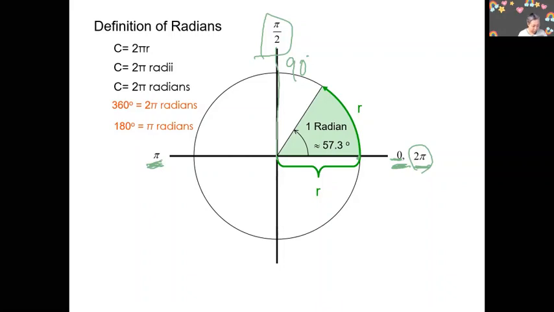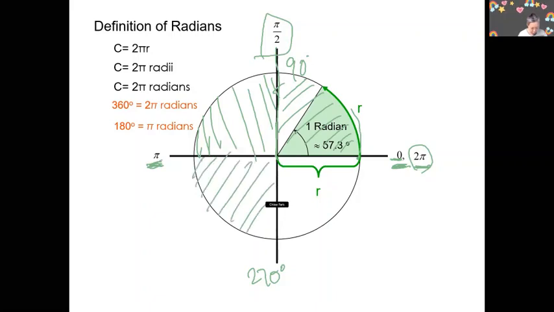Then what could be the equivalent to 270? Now I have pi over 2, and one more piece of pi over 2, and one more piece of pi over 2 there.